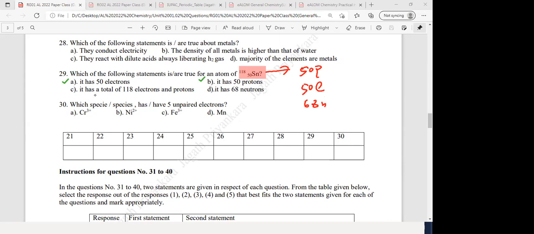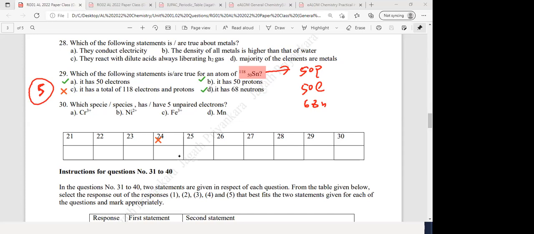Total 118, that is wrong. Then it has 68 neutrons. That's correct, no? So the answer is 5, right? Because look at the instruction given at the beginning: A, B, D correct means the answer is 5.